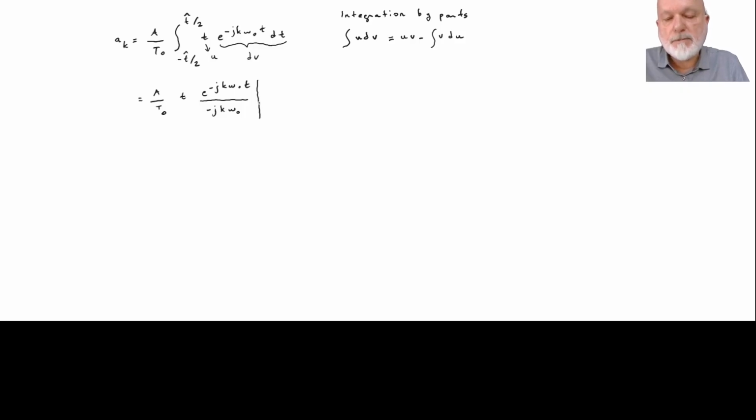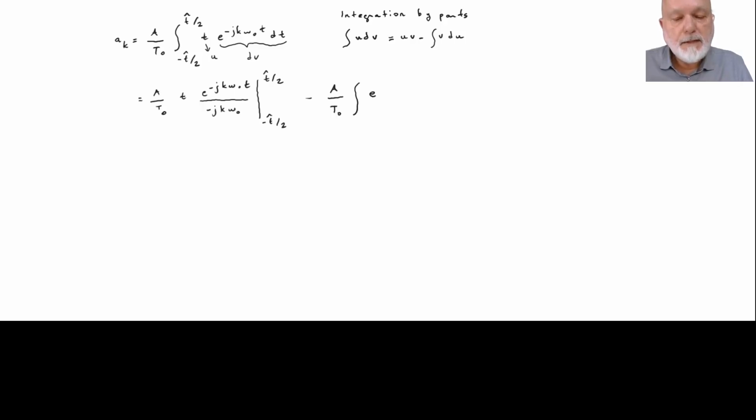So this expression must be evaluated at the integration limits, minus t cap over 2 and t cap over 2. Then we have minus the integral, we have also, of course, the multiplier a over t0, the integral of v du.